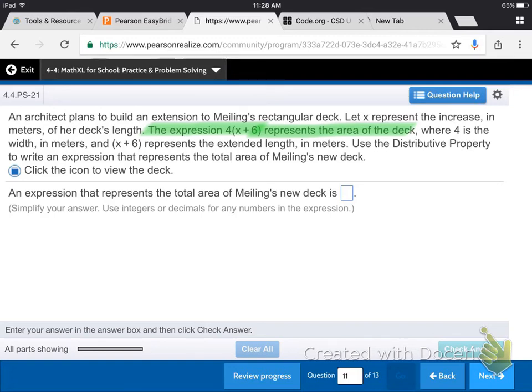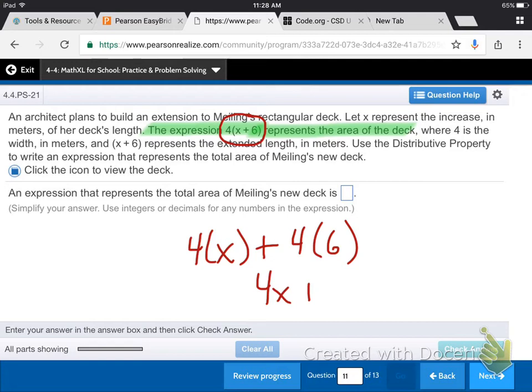Okay, so just everything we've been doing. So first, we're going to expand this right here, 4 times x plus 6. So that means 4 times x plus 4 times 6, which is 4x plus 24.